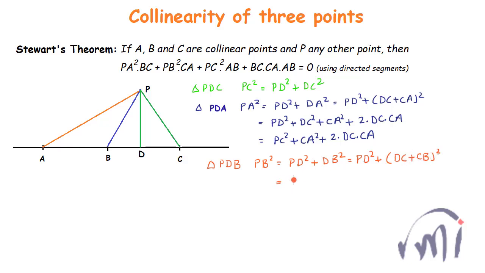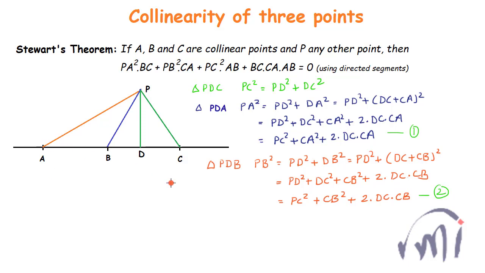So this will be equal to PD square plus DC square plus CB square plus 2 times DC dot CB. And here again, in place of this PD square plus DC square, I can substitute PC square. So this will become PC square plus CB square plus 2 times DC dot CB. So now let me call this equation number 1 and this equation number 2.